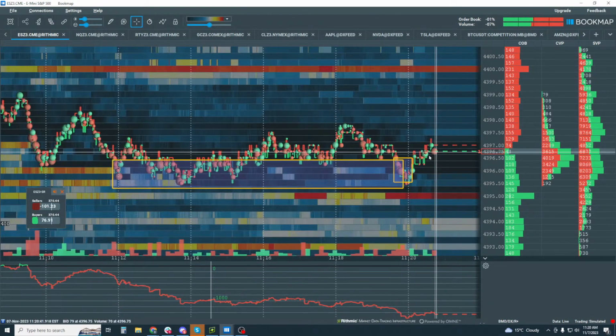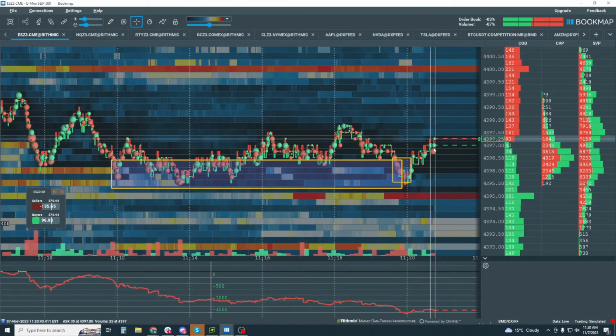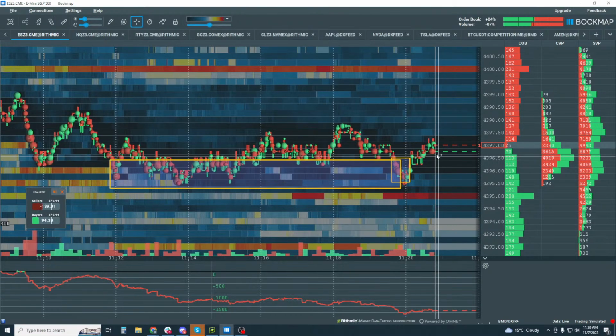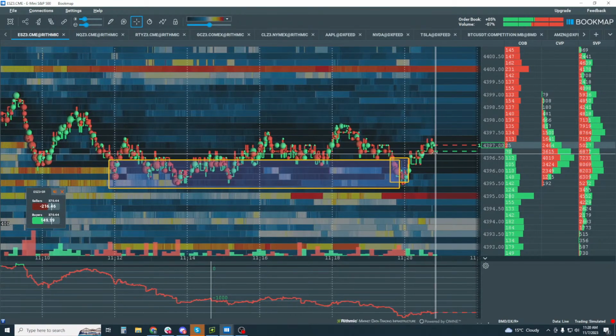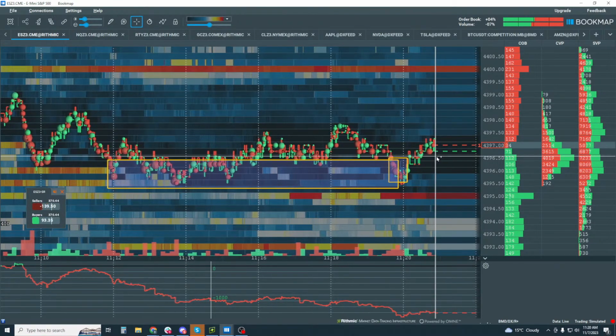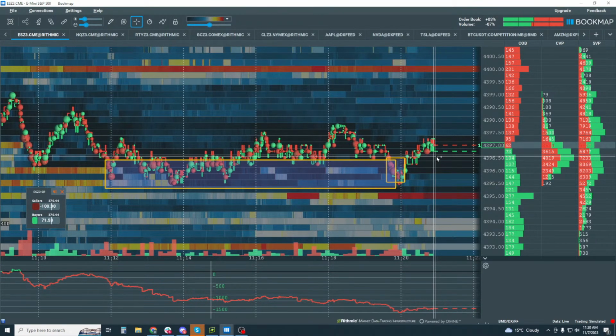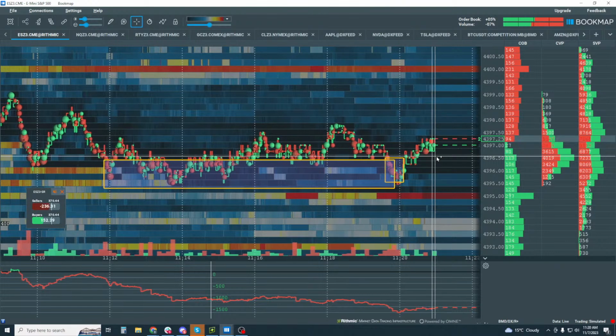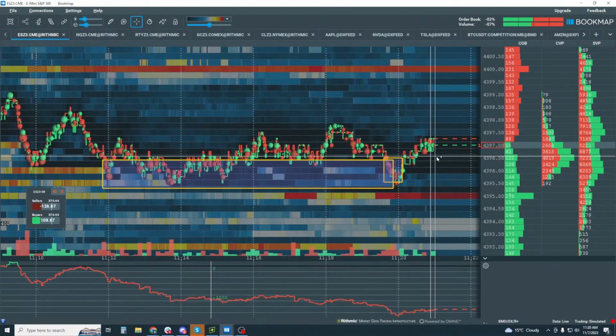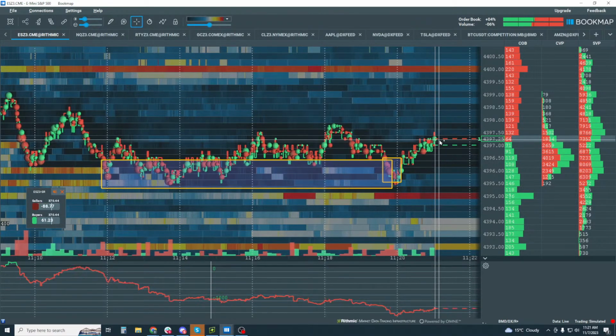Yeah, I don't think it's worth putting risk on unless I see that big green dot in here. It's auctioning. There we go.